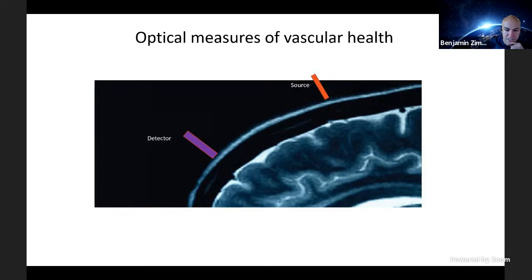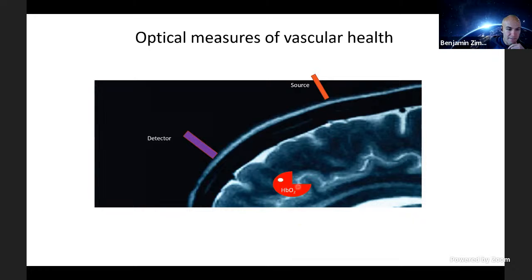And finally, there are some molecules in the tissue, especially oxygenated hemoglobin, which can absorb the photons. So here's the key point. If there is more oxygenated hemoglobin, it absorbs more of the light.